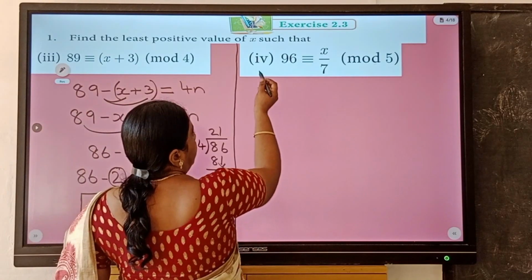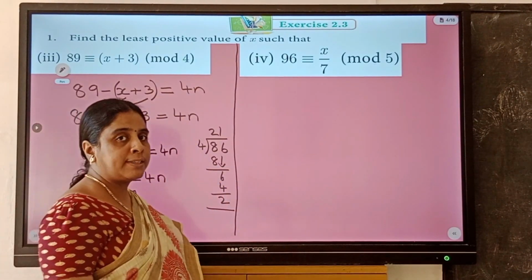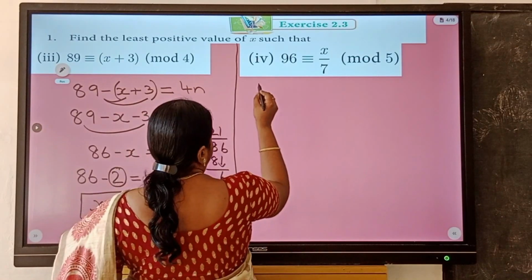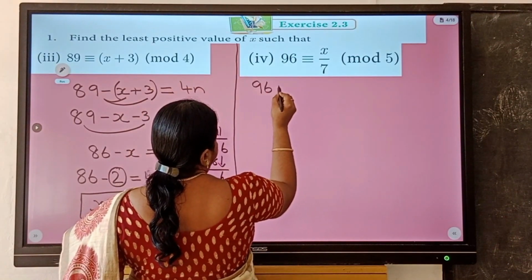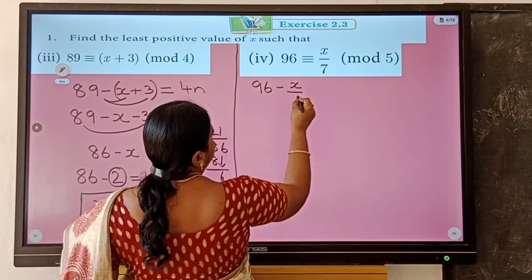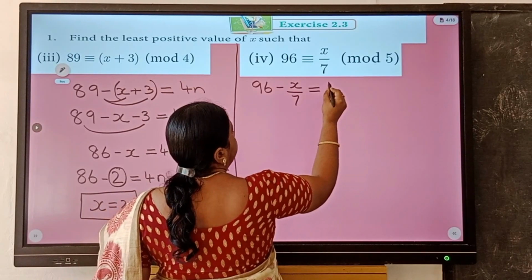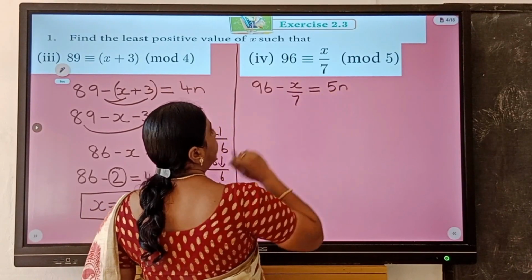In the same way, in the fourth subdivision we have 96 is congruent to x by 7 mod 5. So in the next step I bring the remainder x by 7 to the other side, it becomes 96 minus x by 7 and it is a multiple of 5.